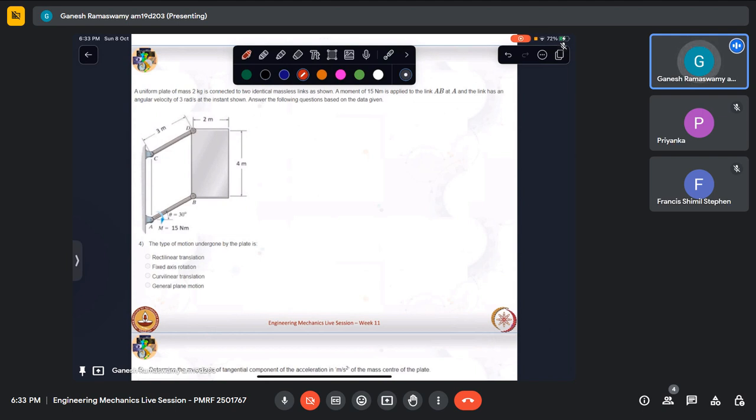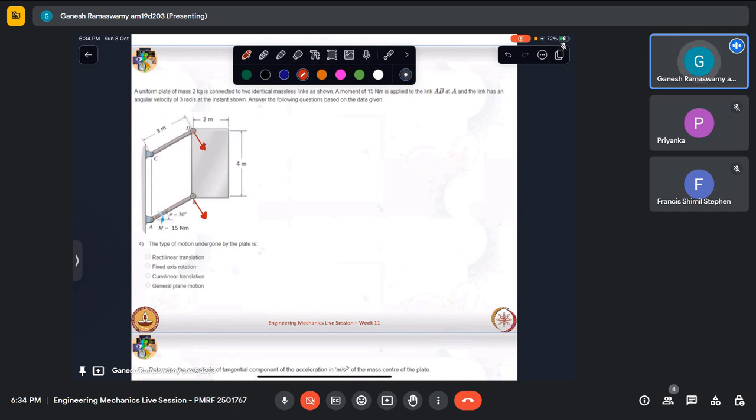In such a case, if we see this rigid body, its velocity will have to be perpendicular to that. If I take the link AB itself, my B will be having a velocity like that. Since that is connected, VB will have to be perpendicular to this. Similarly, at point D, it will have to be perpendicular to this.